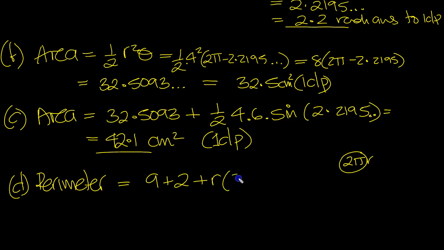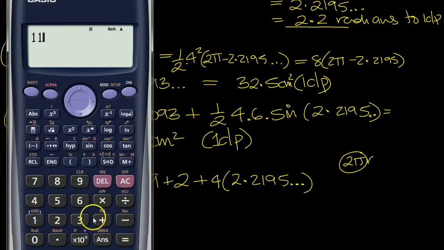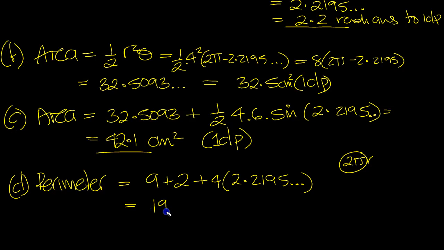The angle theta was 2.2195 and the radius is 4. So it's 11 plus 4 times 2.2195 equals 19.878, so it's 19.9 centimeters, to 1 decimal place.